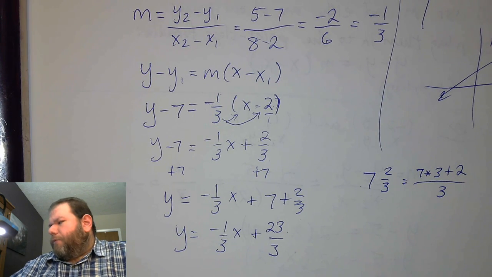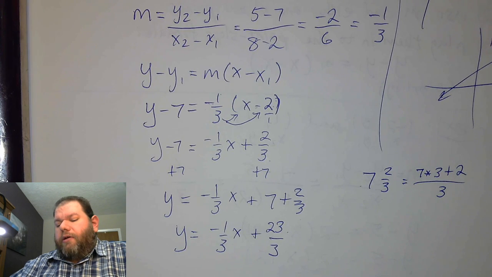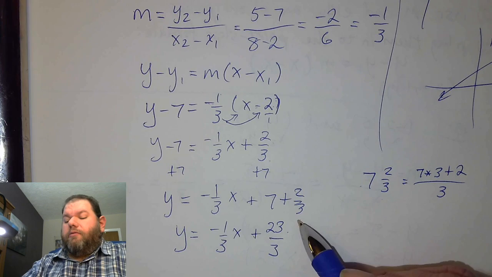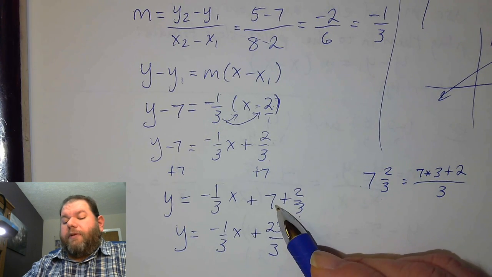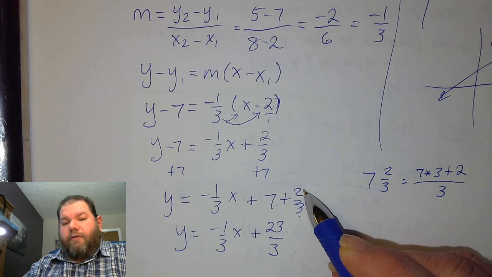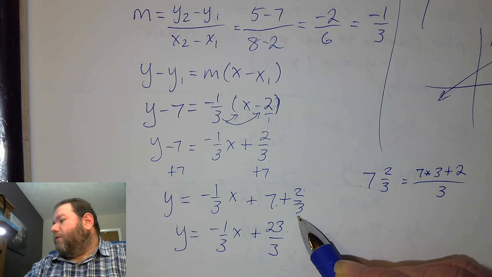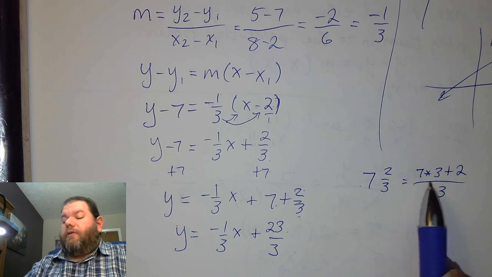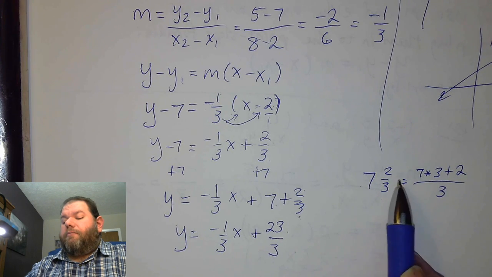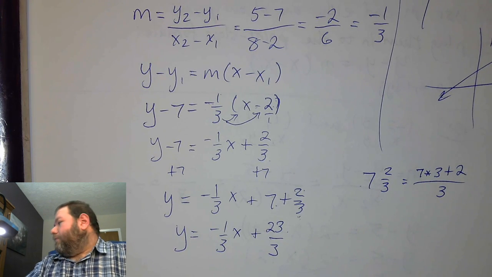No, but I'm not sure how you would get that. Take this number times that number and add the top number and then divide by the same denominator. So 7 times 3 plus 2 over 3.